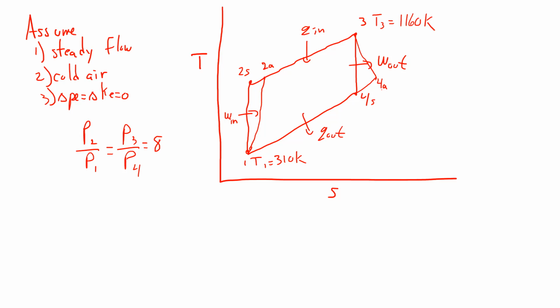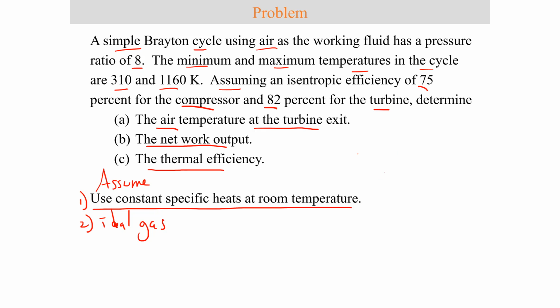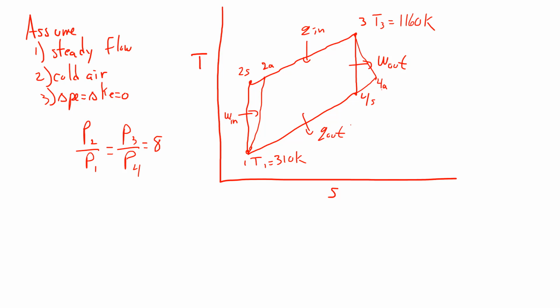So let's find what the first part of the problem is asking for, which is the temperature at the turbine exit. Oh, and another assumption I had forgotten to make is that the Q in and Q out processes are at constant pressure.